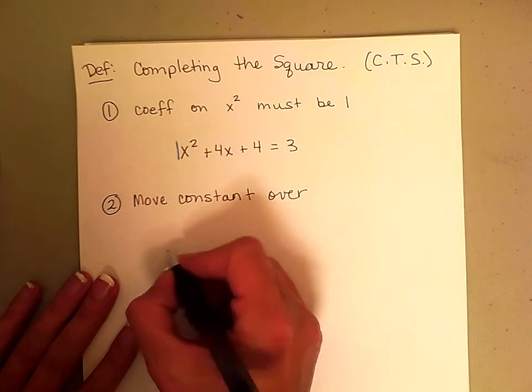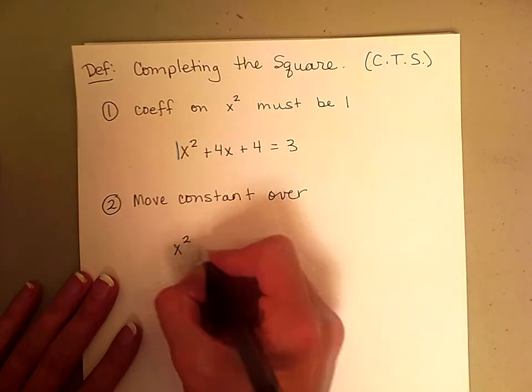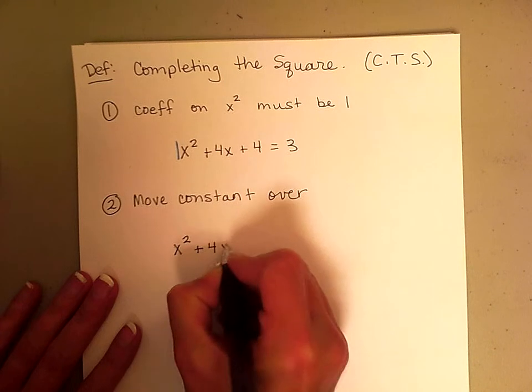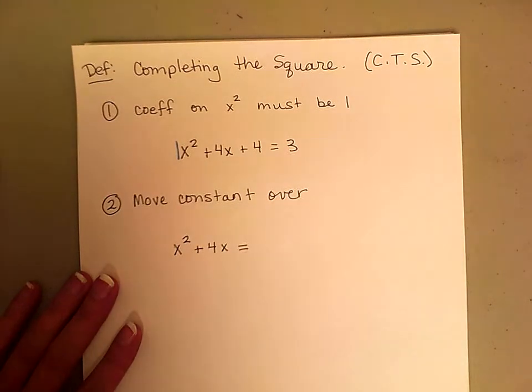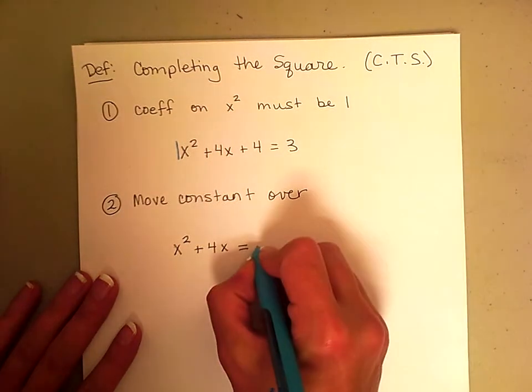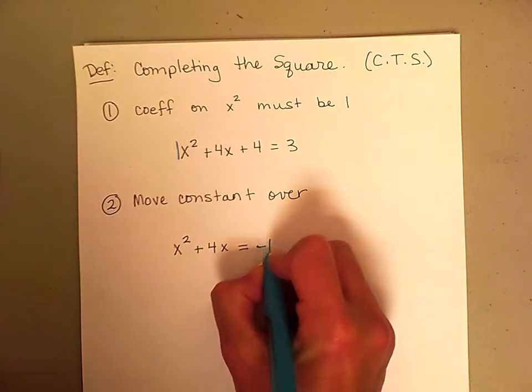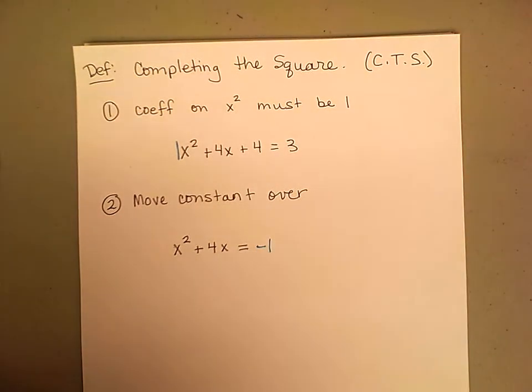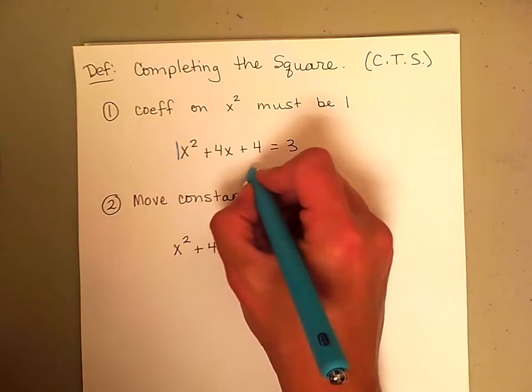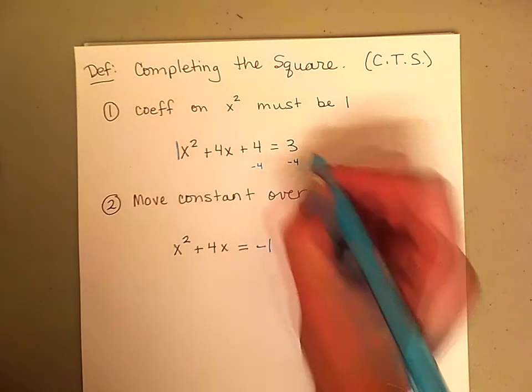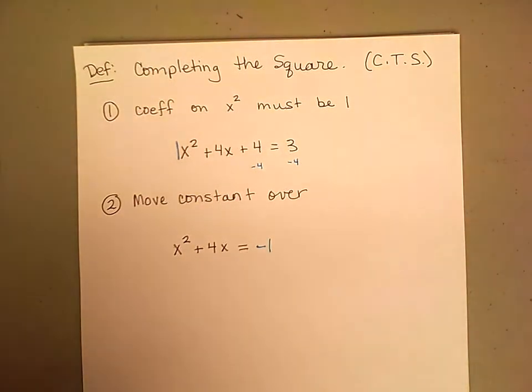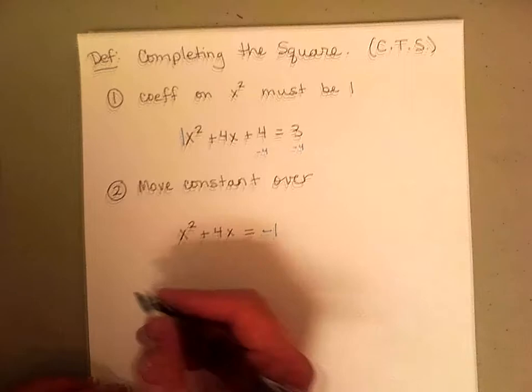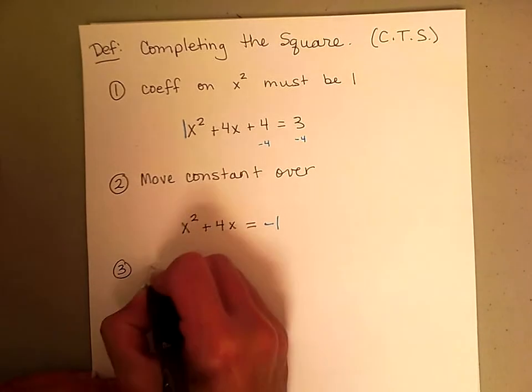And to do that, I need to subtract 4. And that will give me negative 1. Minus 4, minus 4. Okay.